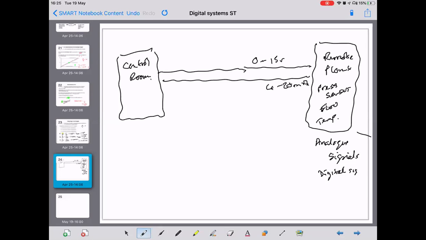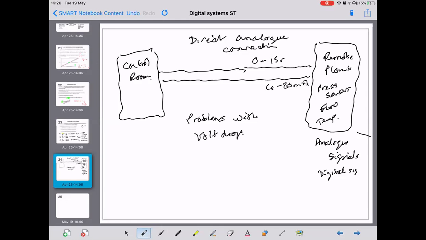over a distance, let's say, of 300 meters, you've got problems with a direct analog connection. You've got problems with volt drop of the signal, so losing voltage over the resistance of the cable.